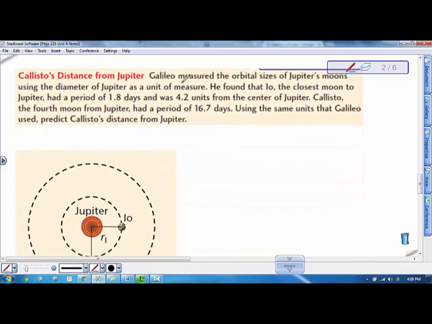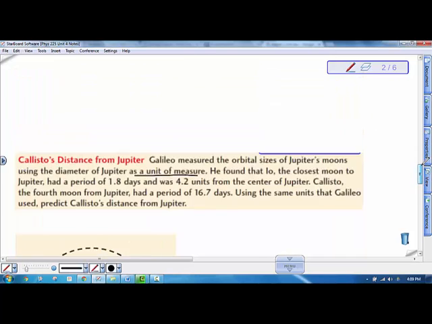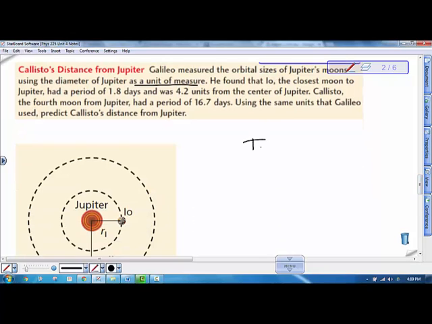Galileo measured the orbital sizes of Jupiter's moons using the diameter of Jupiter as one unit of measure. He found that Io, the closest moon to Jupiter, had a period of 1.8 days. So we're going to write down this formula right here, which is the period of object A divided by the period of object B, squared, is equal to the average distance that object A is away from Jupiter in this case, divided by the average distance of object B, cubed.